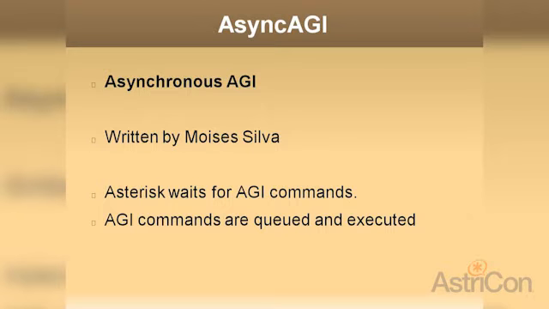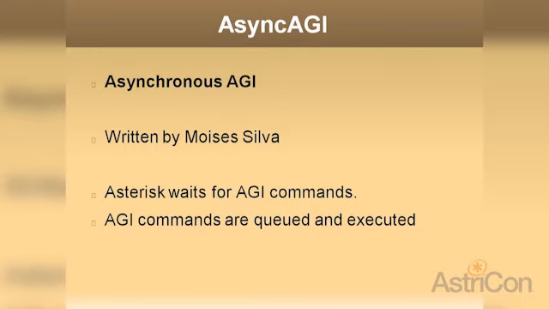The async AGI is just asynchronous, which means with regular AGI, you send a command, Asterisk receives it, and it returns you a specific result. So it's really synchronous. With async, you call your script and send your command, and all your AGI commands will just be queued. And when it's time to deliver the specific AGI command, it will simply execute them.